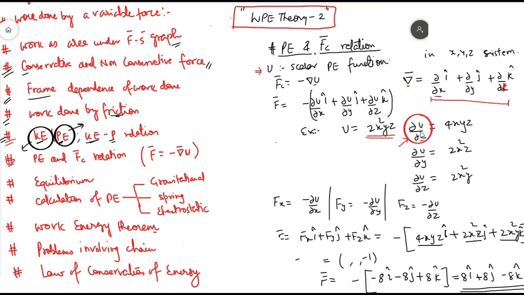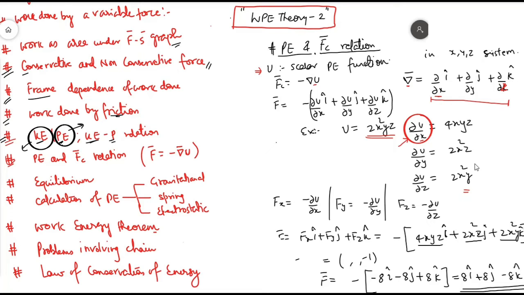So differentiating with respect to x, I'm going to assume y and z constant. This just follows the basic rule of differentiation, and del u by del x becomes 4xyz. Similarly, del u by del y is 2x square z, and del u by del z is 2x square y.